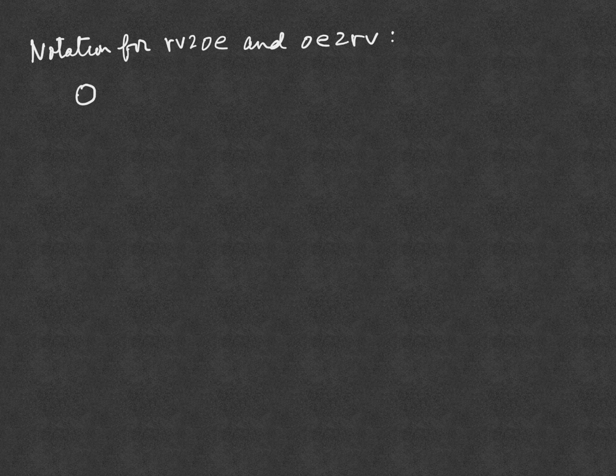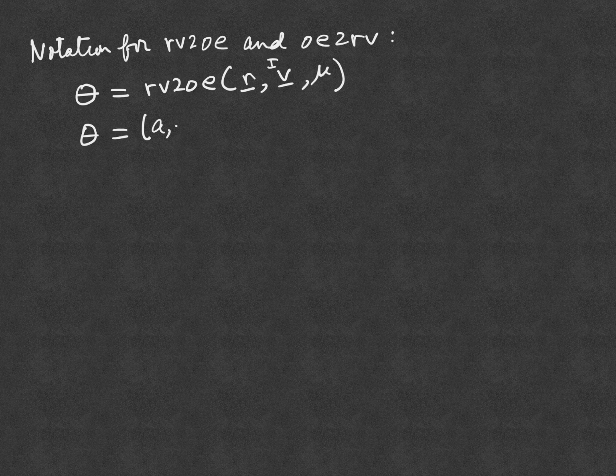The notation for RV to OE and OE to RV is as follows: we're going to call this thing theta, is equal to RV to OE of R, VI, and mu. So we're going to look at this like a function. The inputs are R, VI, and mu. The outputs are theta. And theta is this list of orbital elements.